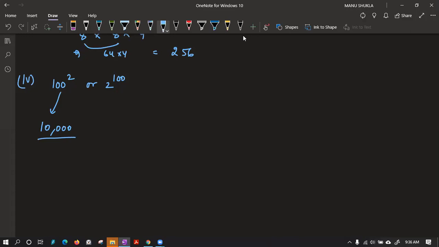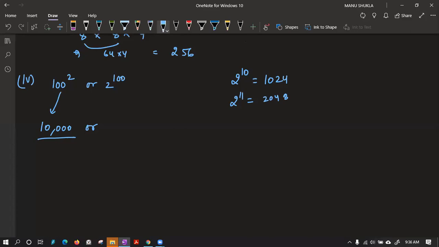Now the question comes for 2 power 100. Let us see. 2 power 10 is how much? Class, you have all studied this in computers. 2 power 10 is 1024. That means 2 power 11 is how much? 2 4s are 8, 2 2s are 4, 0, 2.